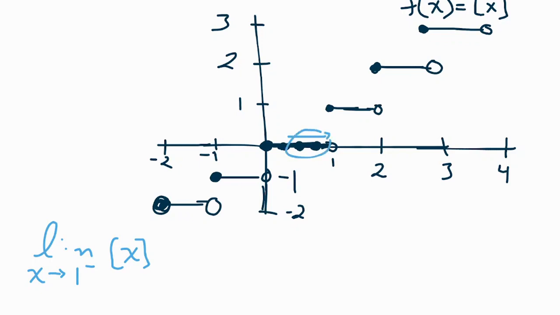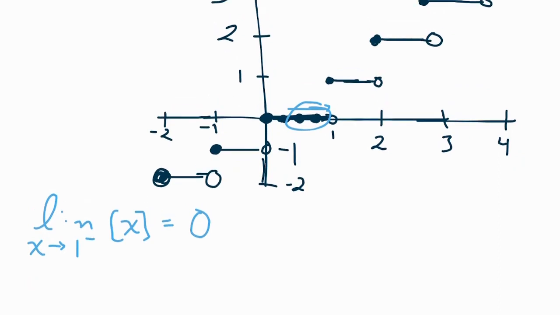You're down on this step. And so your intended height, the whole time you're approaching 1, is 0. Okay, now be careful. That's, of course, the intended height. We realize that when we actually reach the number 1, right here, we don't actually have a value, but that's okay. We're just intending to reach the number 1.